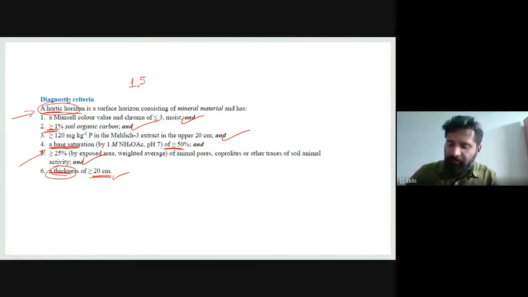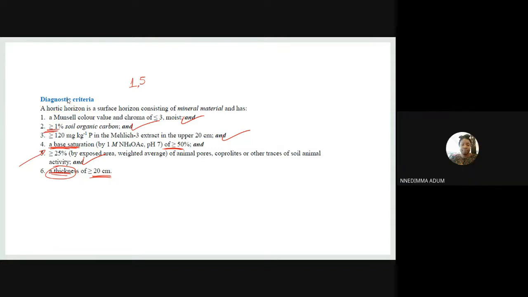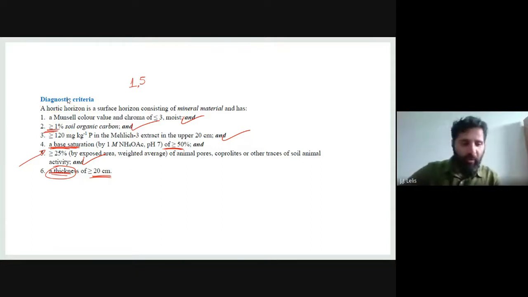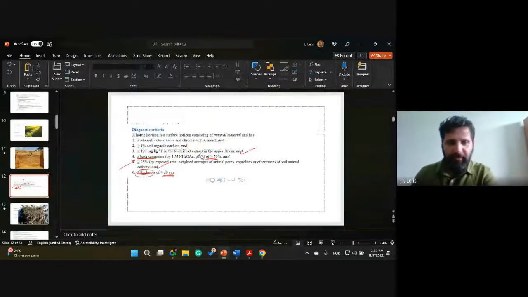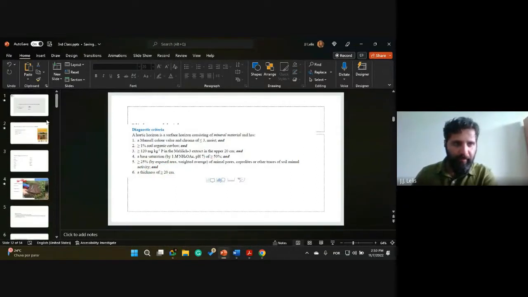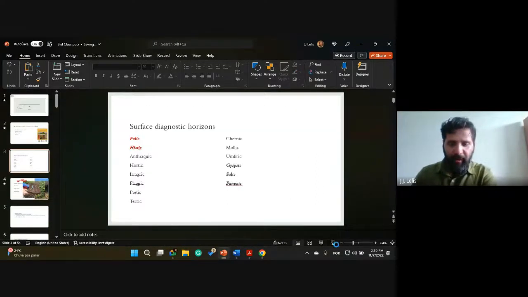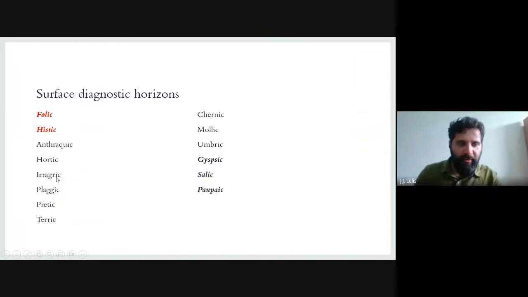If I can make a suggestion to you, you should always follow this order that I inserted here, trying to identify the surface diagnostic horizons.